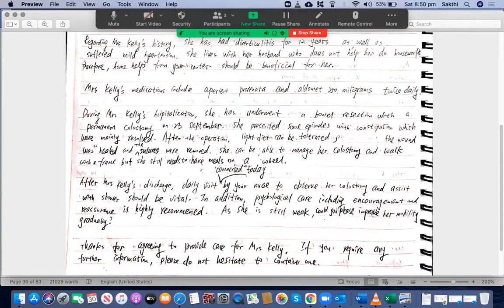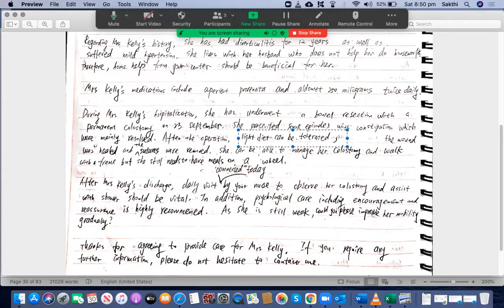In the task they said the patient can tolerate light diet. But the problem is you are using "can be" here, and the remaining ones were all past verbs. "Can be" is a possible future tense. So we don't want to mess up a sentence with two different tenses together. It's not a good idea.